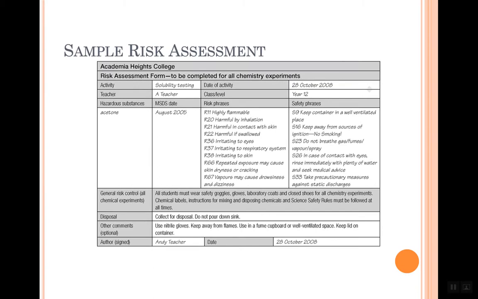Okay? So we do a risk assessment that looks something like that, where we might say, for instance, we're using a chemical that's highly flammable, we're going to keep it away from sources of ignition. Okay? And your teachers always think about that in advance. On a much wider scale, people who are industrial chemists think about that for their particular industry.